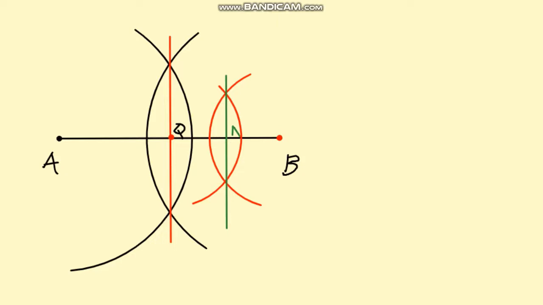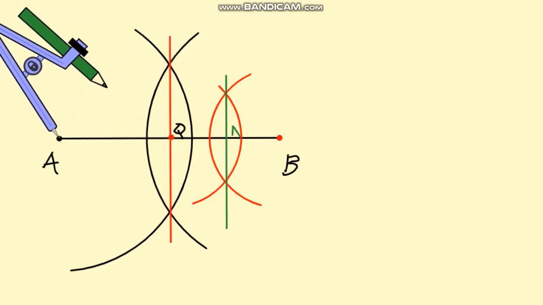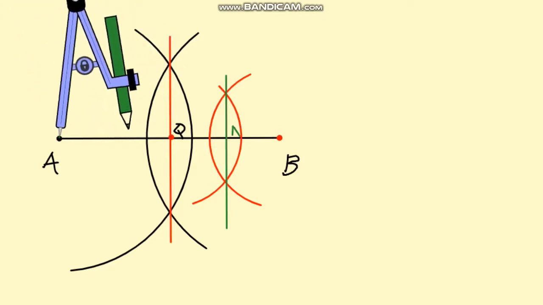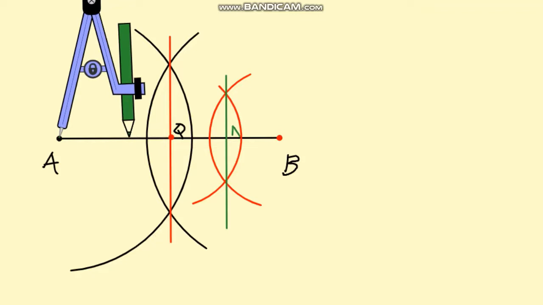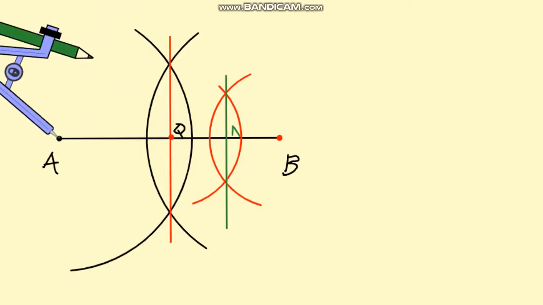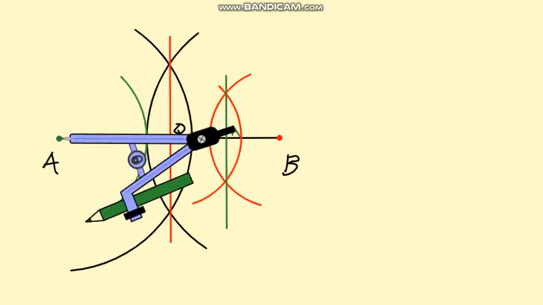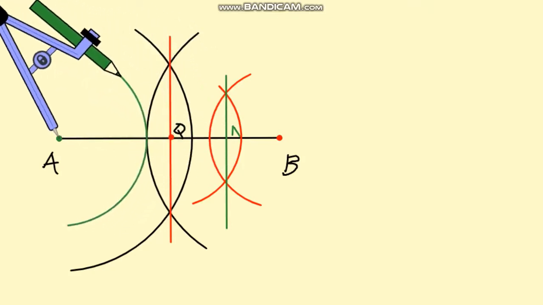Now again you will do the same thing for AQ. You will find a midpoint for AQ using the same steps. You will keep the compass at this point and then take more than half of AQ. We are taking more than half of AQ, then we shall lock it and make the arc.